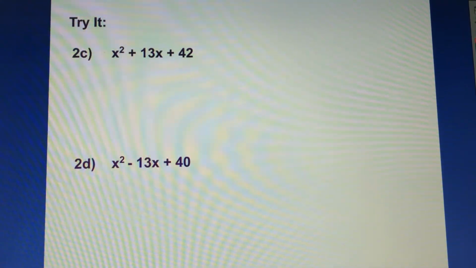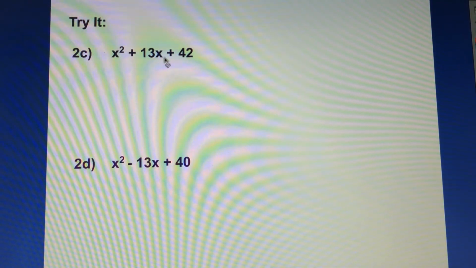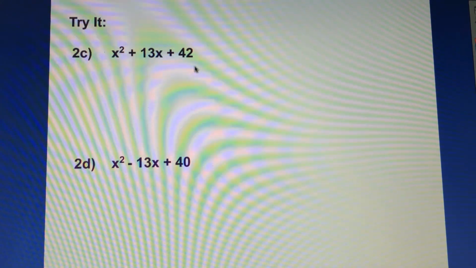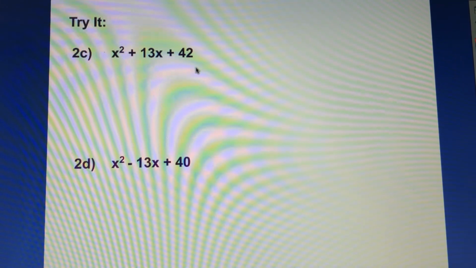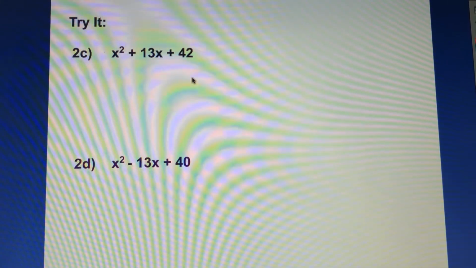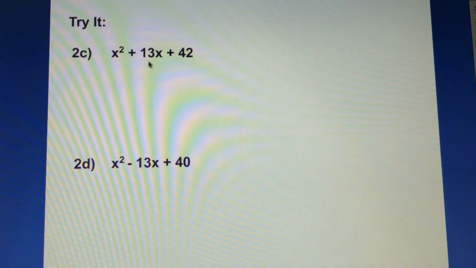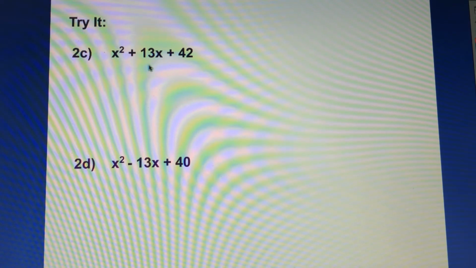Now, you try one. In this case, I have x squared plus 13x plus 42. I am looking for factors of 42. 1 and 42, 2 and 21. You continue going through the factors and make a list, and then decide when you add the factors together which comes out to be 13.